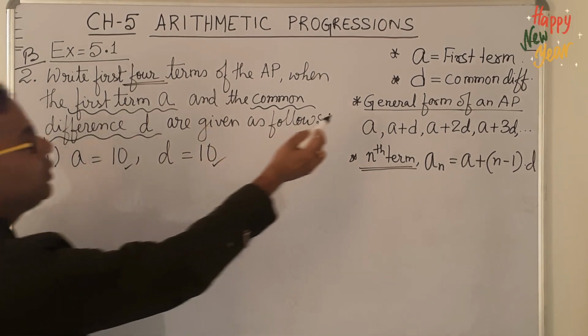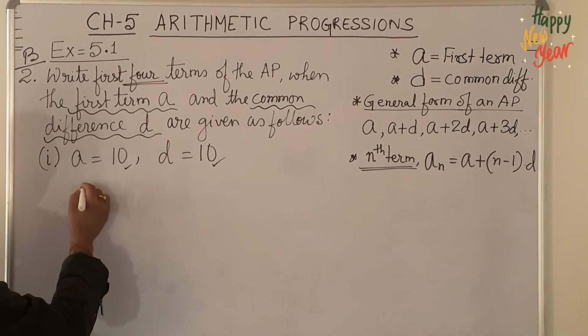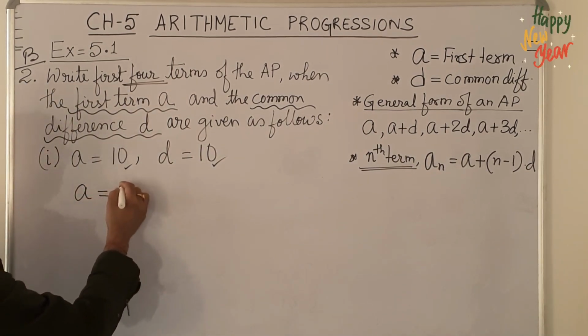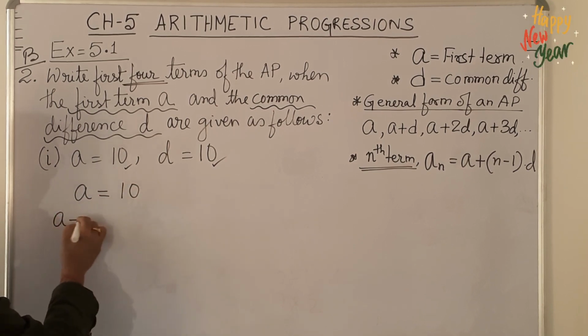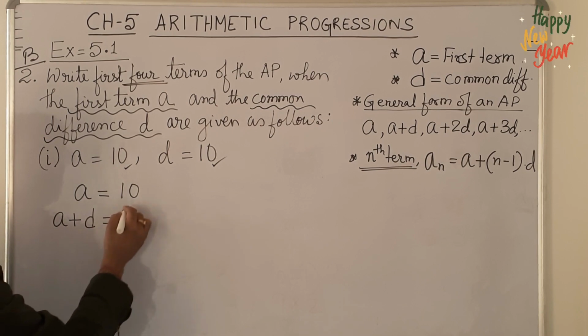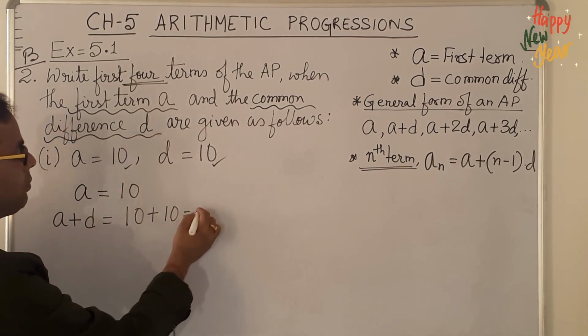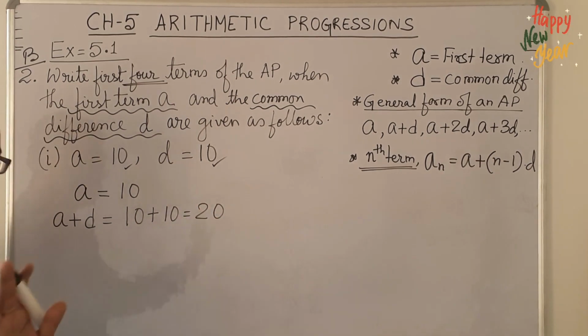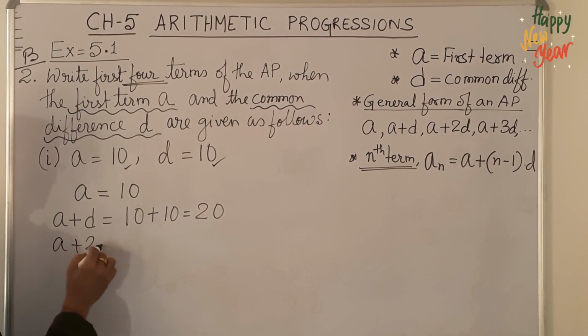So we know the general form of an AP. First one is A, how much? 10. Then next one is A plus D. So A is 10 and D is 10, so 10 plus 10, 20. Very easy. Then next one is A plus 2D.